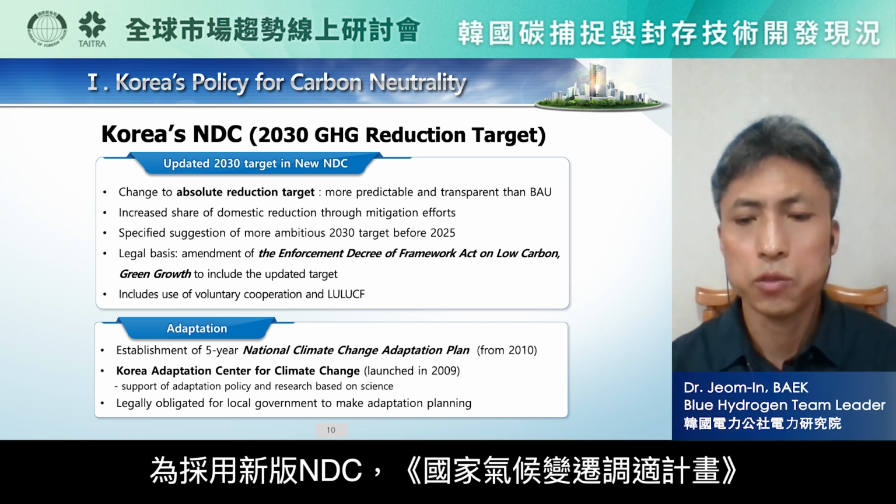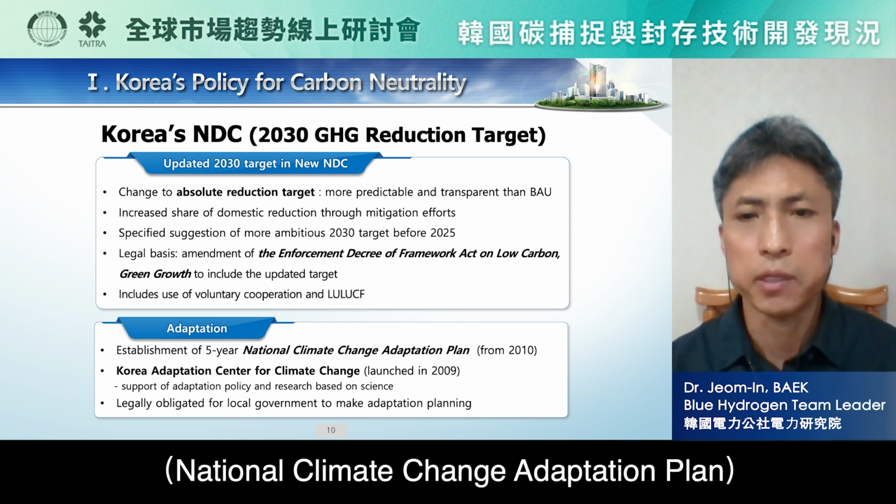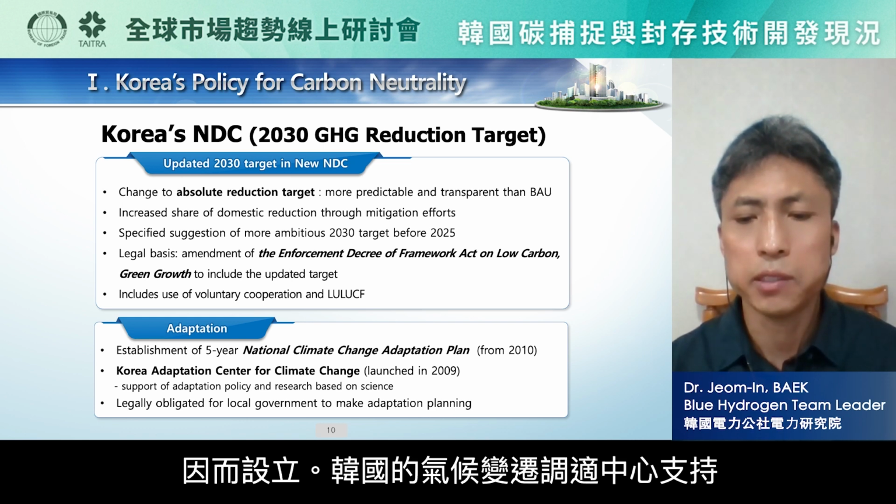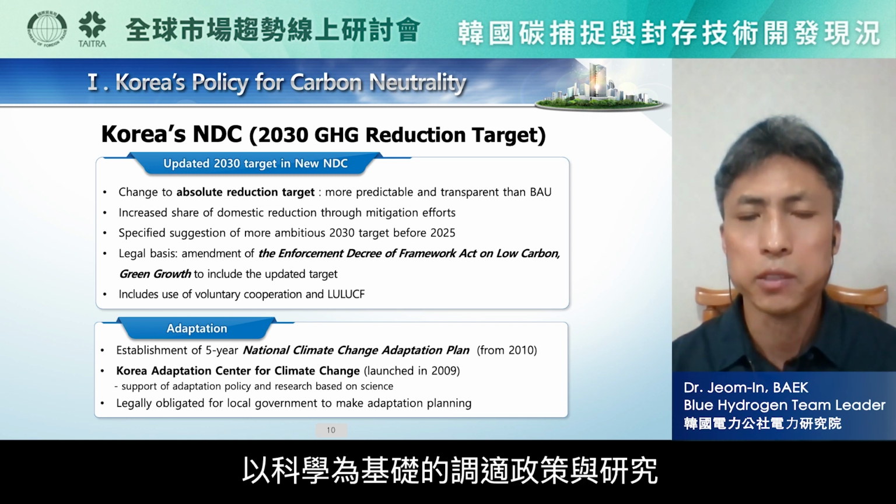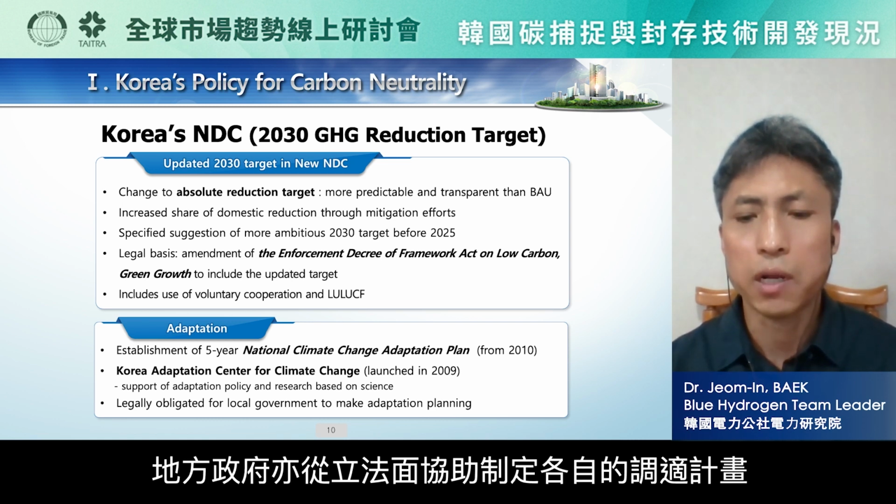To adapt to the new NDC, the third National Climate Change Adaptation Plan was established. Korea Adaptation Center for Climate Change is supporting the adaptation policy through research based on science. Local governments also have to make and fulfill legally their own adaptation planning.